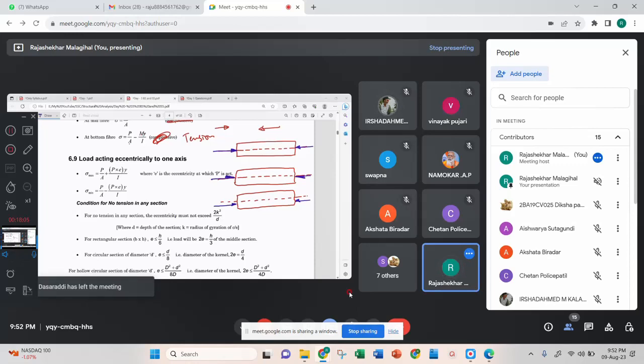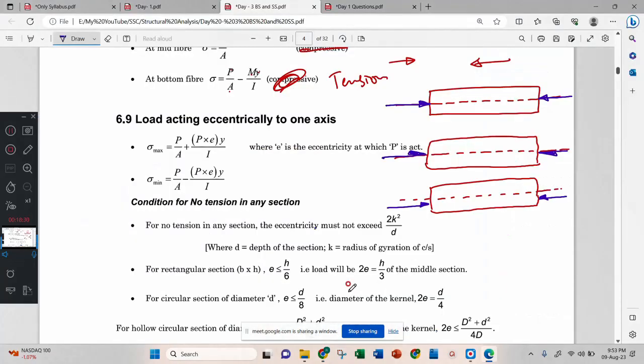Second one, shear, because one force is just above the axis and one force just below the axis, therefore shear. Third diagram, bending. Very good. In the third diagram, it is eccentric bending. This is called load acting eccentrically.